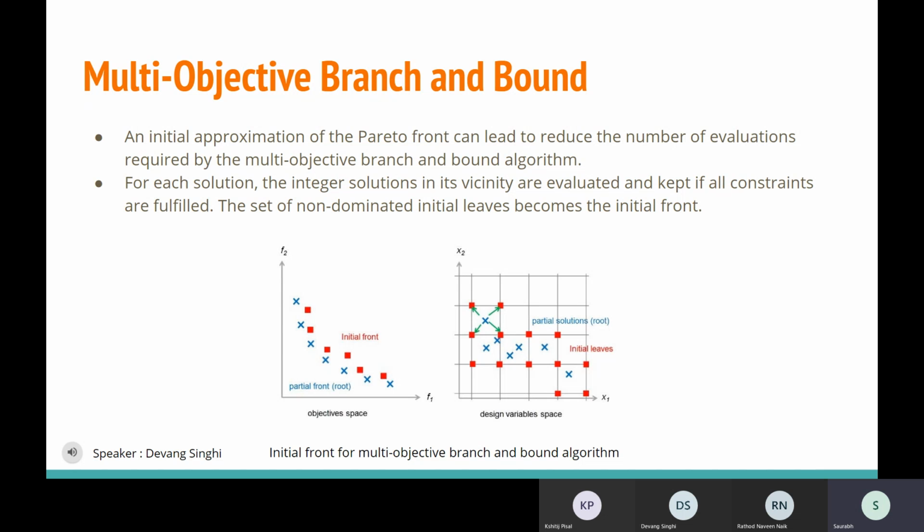Here, we see the partial front at the root node in the diagram. In the left part of the diagram, solutions of the partial front at the root node are plotted in the objective space, and in the right part, they are plotted in the design variable space. For each solution, the integer solutions in its vicinity are evaluated and kept if all constraints are fulfilled. The set of non-dominated initial leaves becomes the initial front.